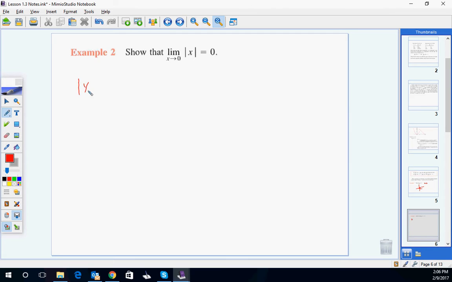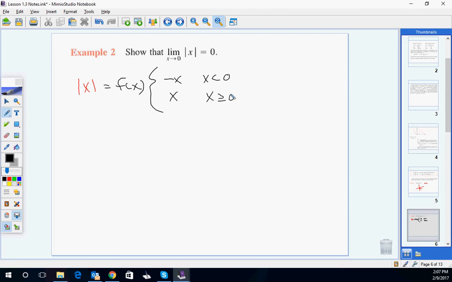Absolute value of x is also, remember we broke that up into negative x for x less than 0 and positive x for x greater than or equal to 0. Remember, it doesn't matter where your equal sign is. But we know that from Math 20. Absolute values are a combination of the positive graph and the negative graph.